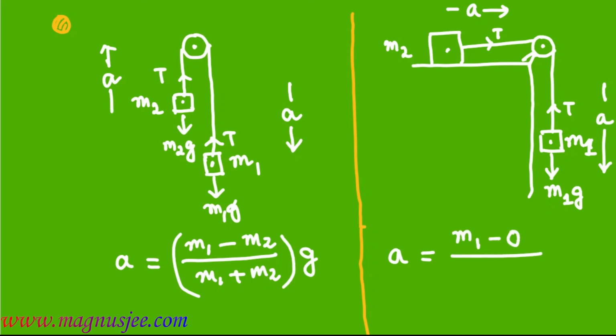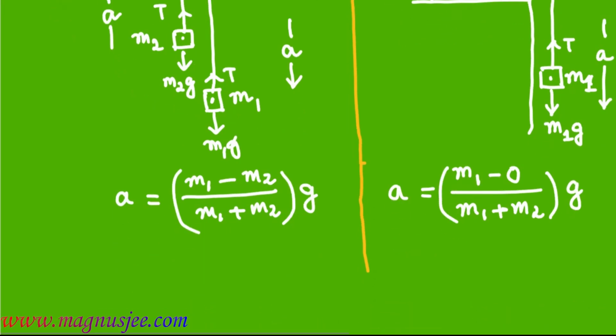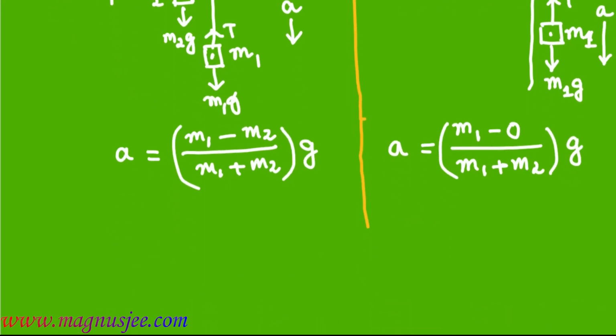(M1 minus 0) divided by (m1 plus m2), into g. Difference is what? On the left hand side we have m1 minus m2, but on the right hand side we have m1 minus 0. So finally we get the expression of common acceleration on the right hand side, which is m1 divided by m1 plus m2 into g, which is already proved.